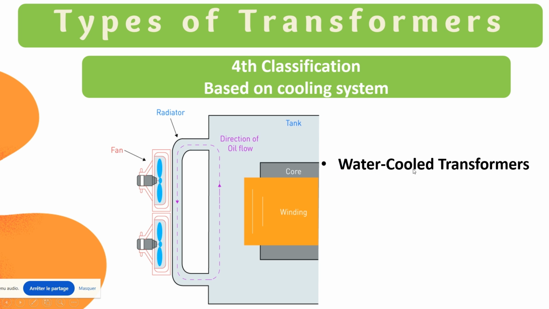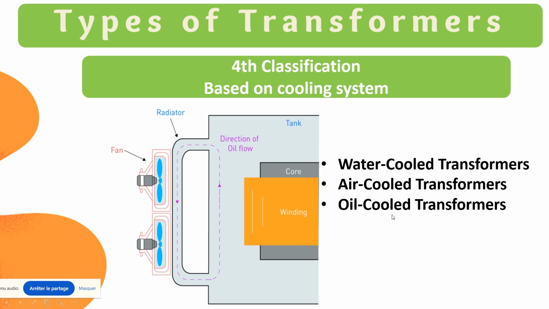If it is water cooled, if they use water inside the transformer to cool the components, if it is air cooled, okay, s'il utilise uniquement l'air, if it is oil cooled, and as well if it is forced or natural circulation. If I have, for example, fans, si j'ai des ventilateurs, it is called forced, okay? And if I have nothing, il y a la circulation naturelle de l'air, in this case we are talking about natural circulation, okay?